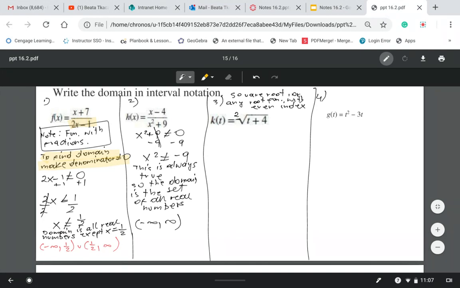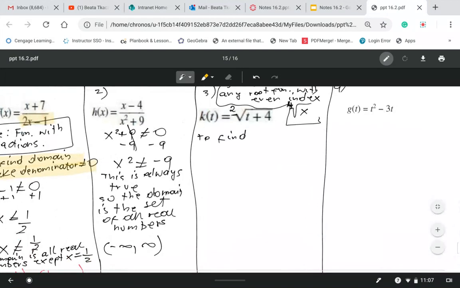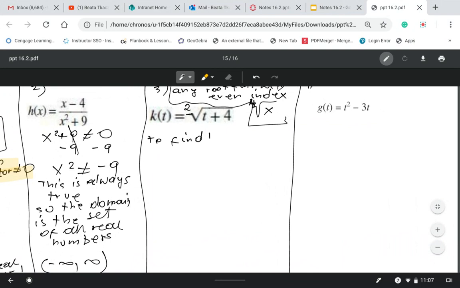For example, functions like that. To find the domain of those types of functions, solve the inequality.